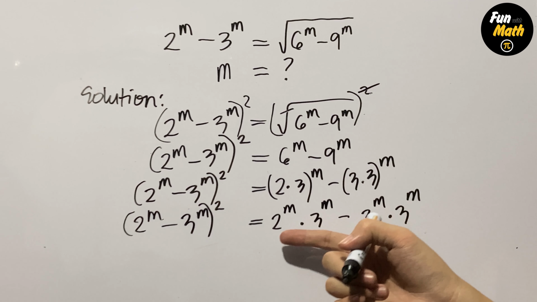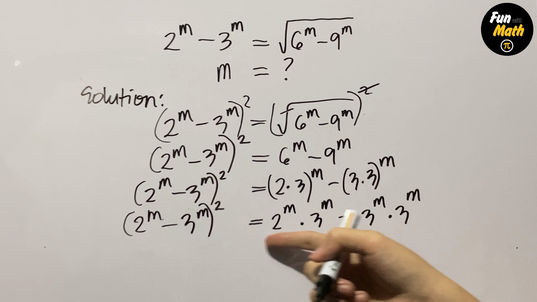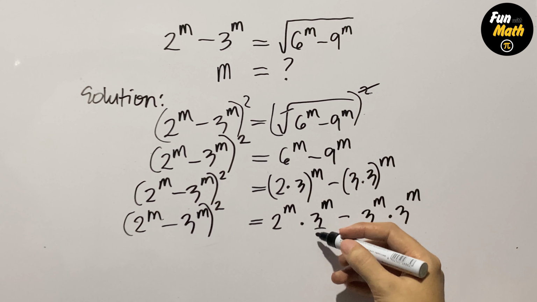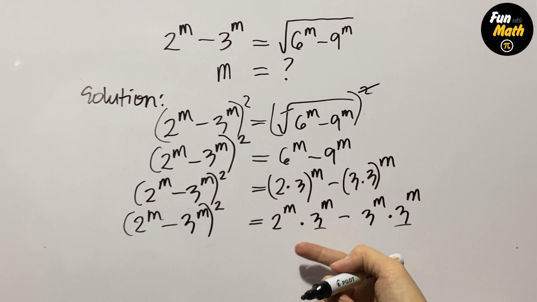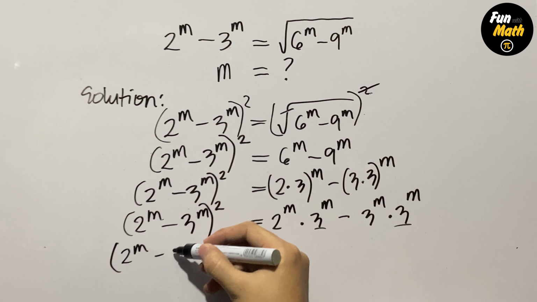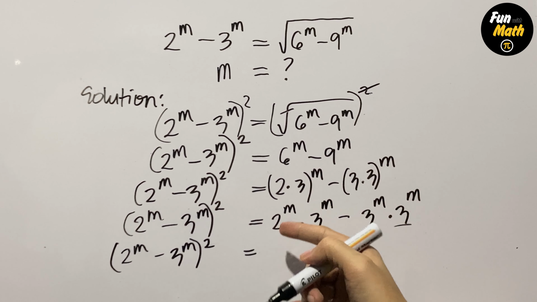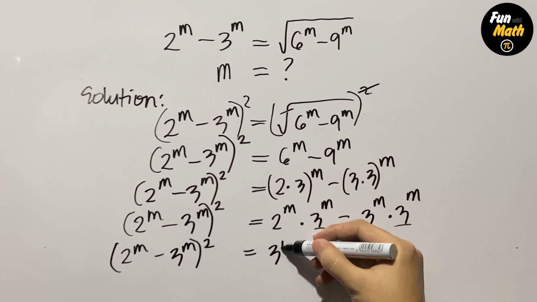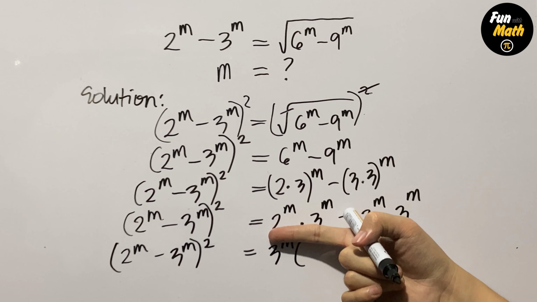Now next is, let's identify the common here. So the common here is 3 to the power of m. So since it's 3 to the power of m, now let's factor. So that is (2 to the power of m minus 3 to the power of m) whole to the power of 2 equals 3 to the power of m as our common times this one.